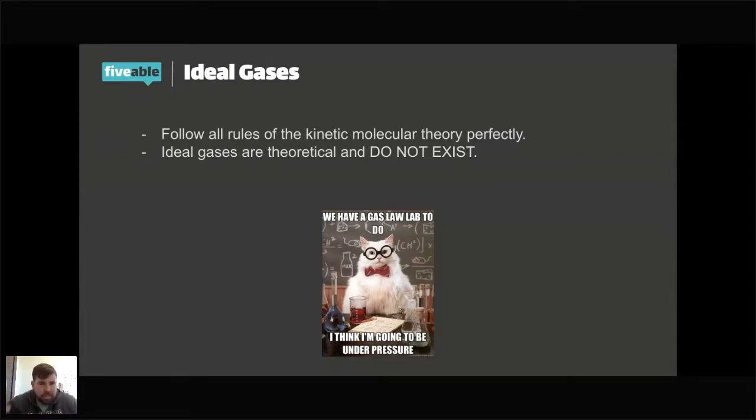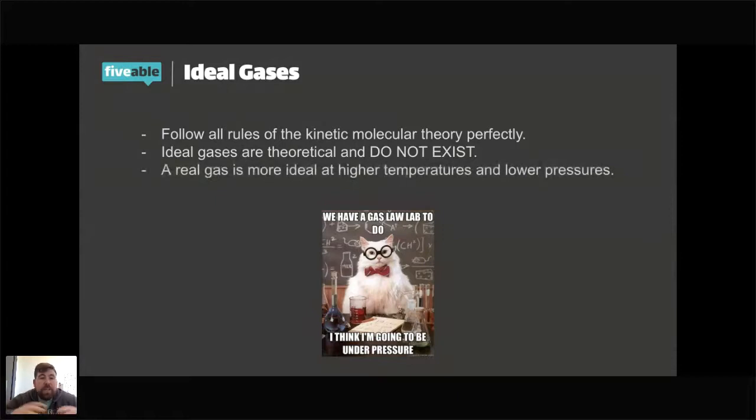And that's it. So the idea I want you to take away is that real gases behave more or less ideally. Real gases behave more ideally at very high temperatures and very low pressures. These statements help us see that low pressures mean there's almost an infinite distance between particles.